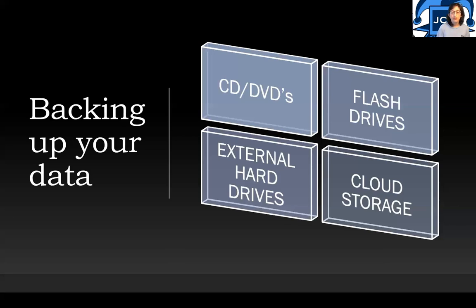So the cost for those is pretty low. If you're going with a larger storage capacity, you can even get up to 256 gigabytes now for I think like $50 or so. It's really not very expensive, so you can fit a whole lot of data on them.